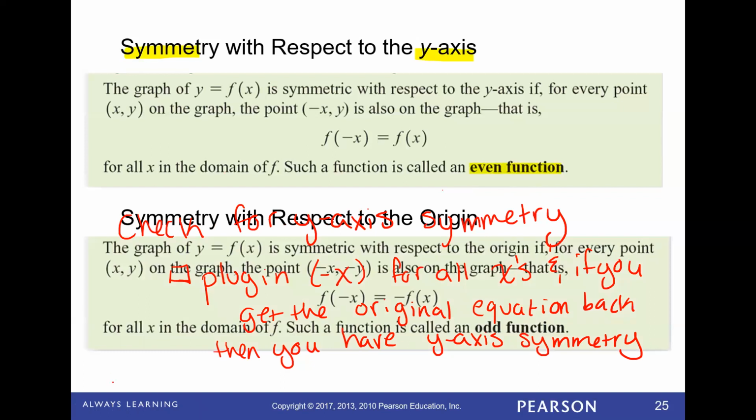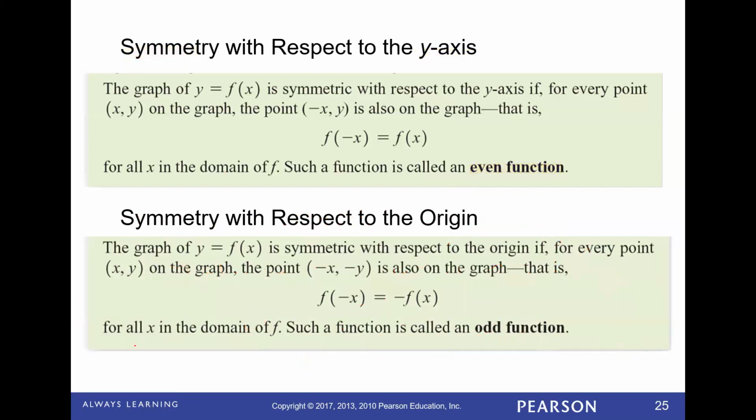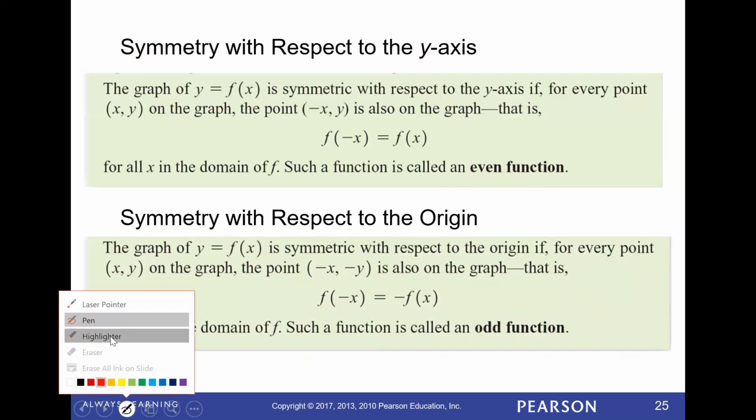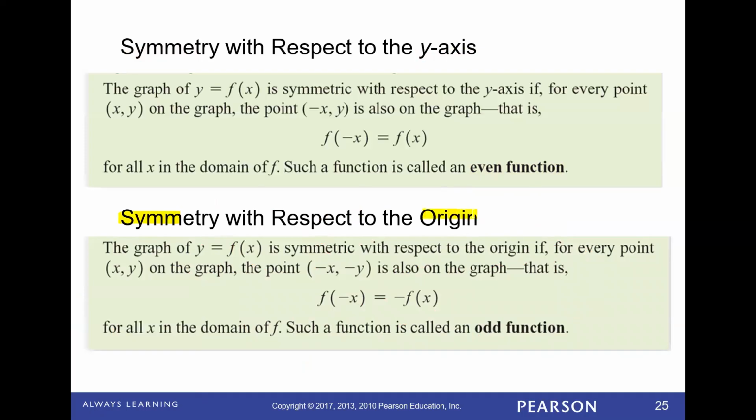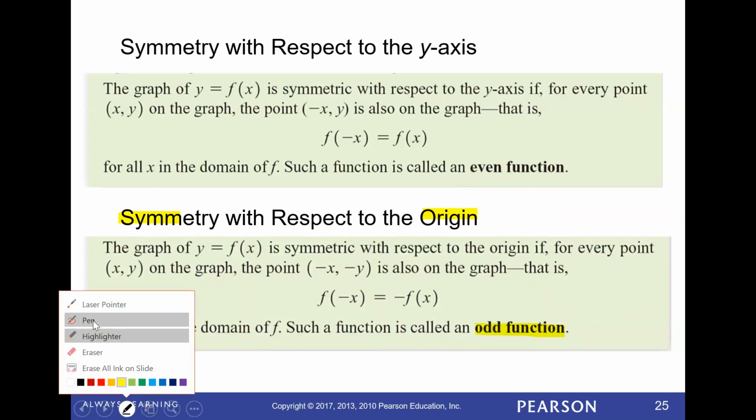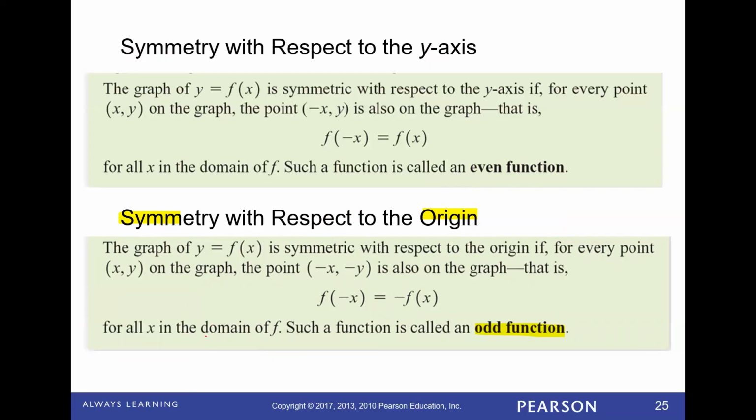Now, I'm going to try this again, and let's do origin. So if we have symmetry with respect to the origin, a little bit different here, these ones are called odd functions. Now, again, that function notation I know looks a little strange, so let me give you the easier way to think of this: you're going to replace x with negative x and y with negative y.